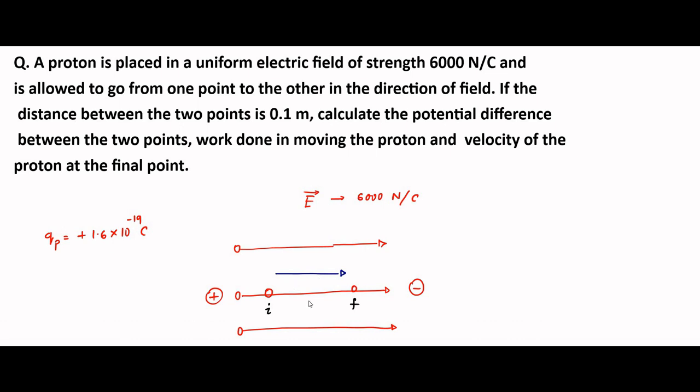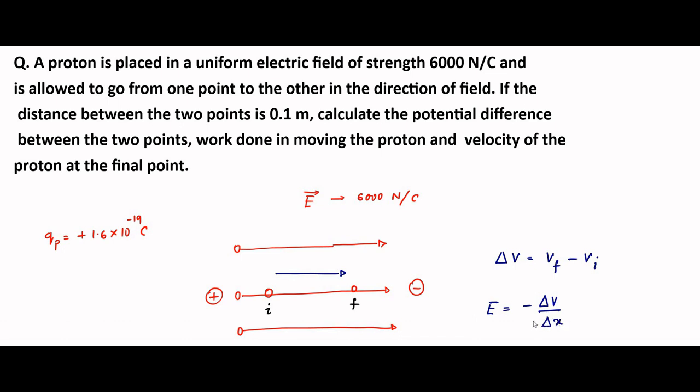Now we want to find out the potential difference between these 2 points, delta V, which is final point potential minus initial point potential. Now we know that electric field is the negative potential gradient, the rate of change of potential with respect to distance.